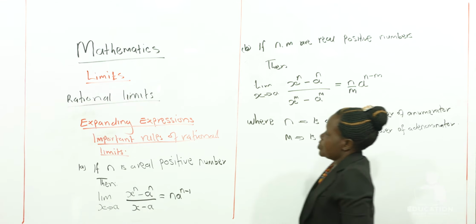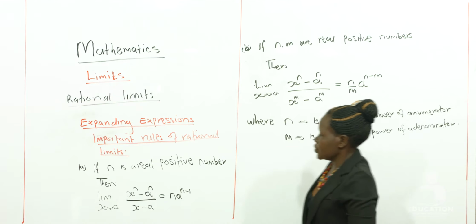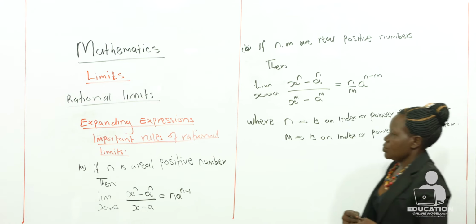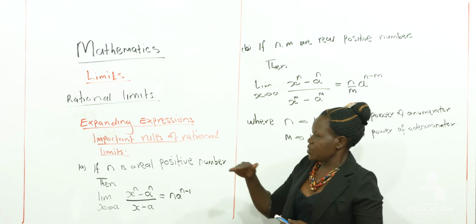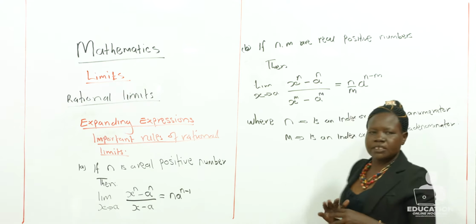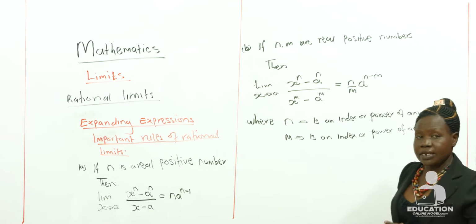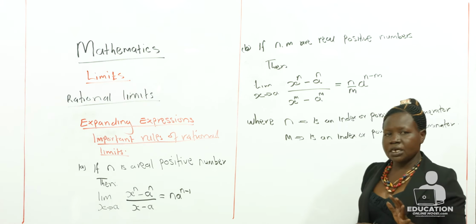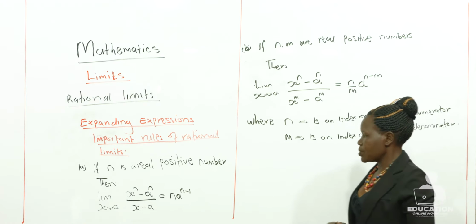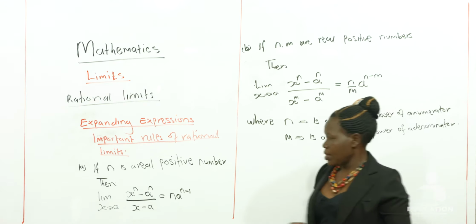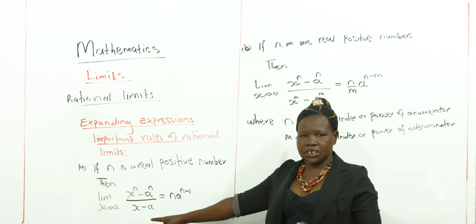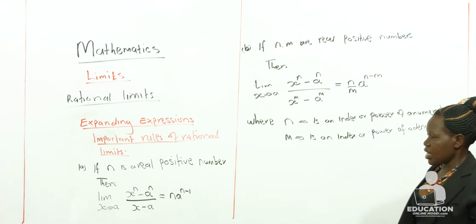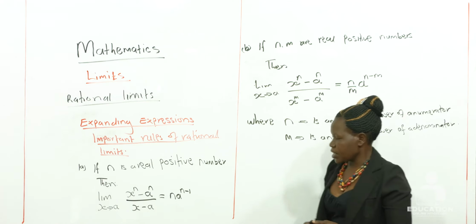When we are dealing with divisions of rational functions, specifically looking at how to expand the expression you will be given, there are only two major rules that you are to follow. You may find a number expressed in this form, x raised to n minus a raised to n.